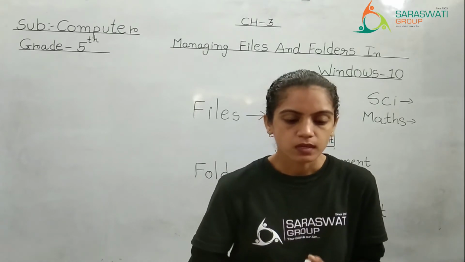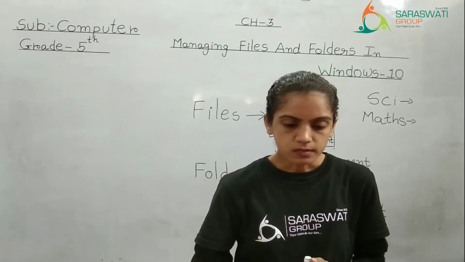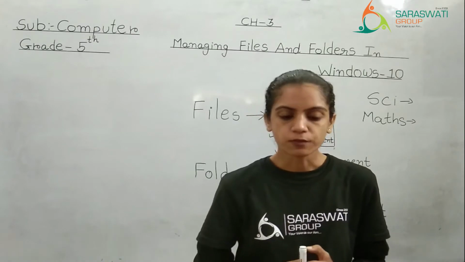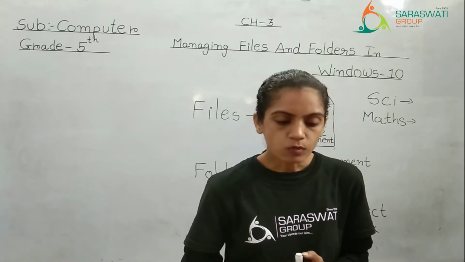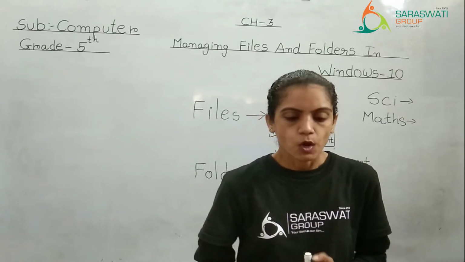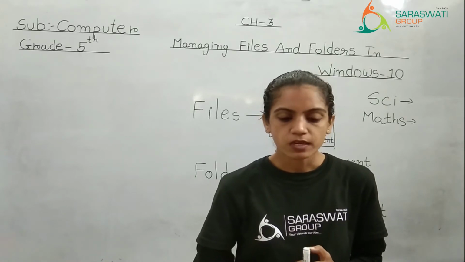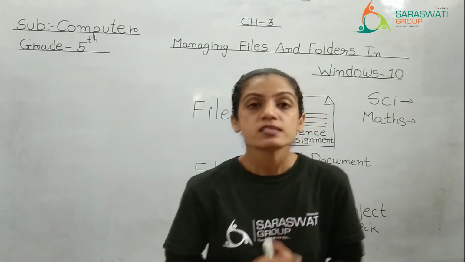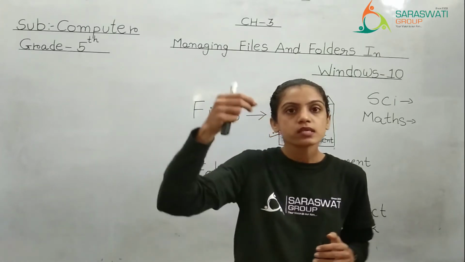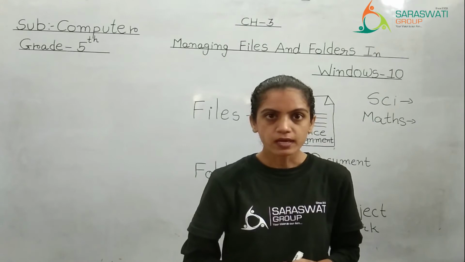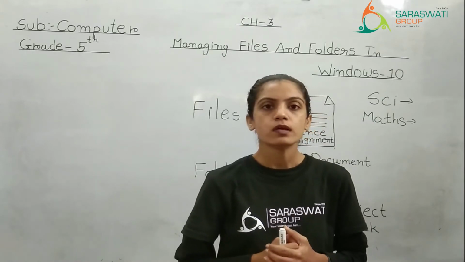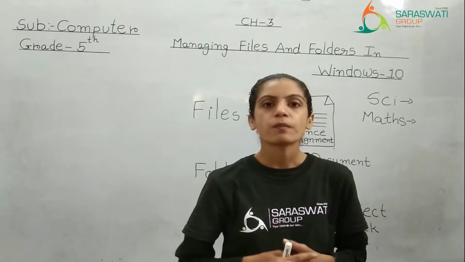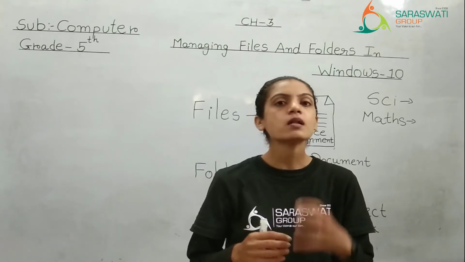For example, a drawing in Paint, a document in Word, or a movie downloaded from the internet. All these get saved as separate files on a computer system. Separate file means single paper, right? The way I showed you in the beginning of this lecture, that is the single paper.